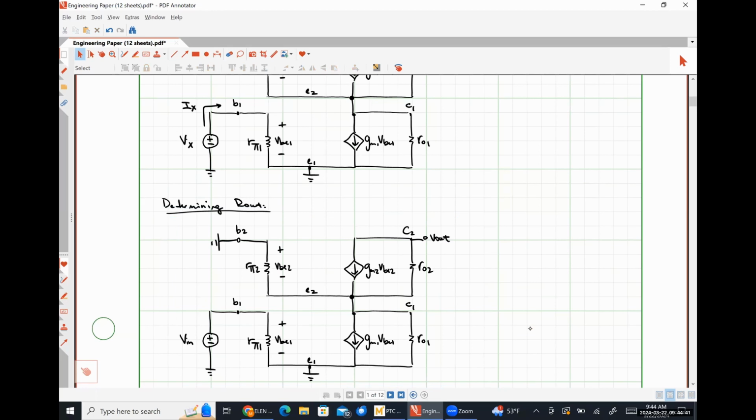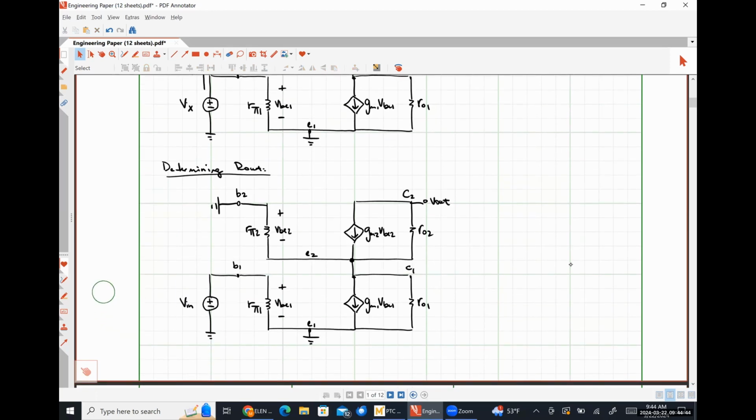In this case, since we're finding our output resistance, my test source is going to be applied across the output terminals of my amplifier circuit. So here's my Vx. Here's my Ix. And I need to turn off my input voltage, so I'm going to ground this guy right here.